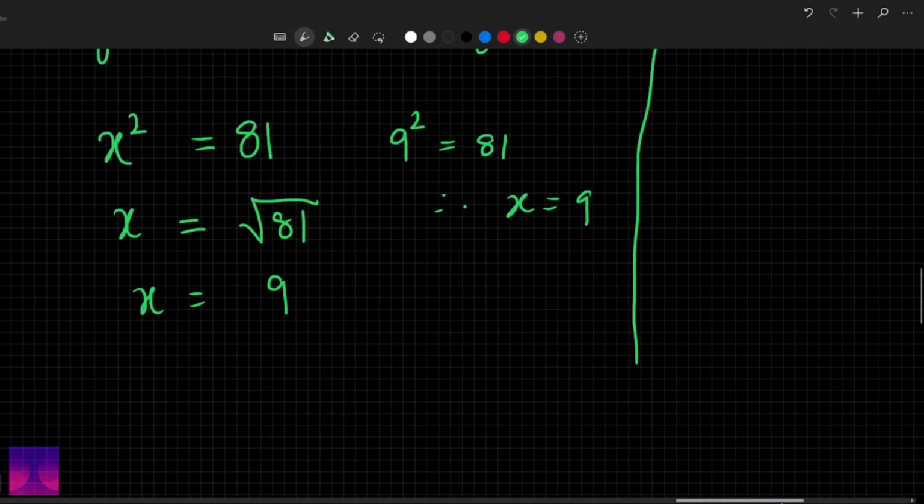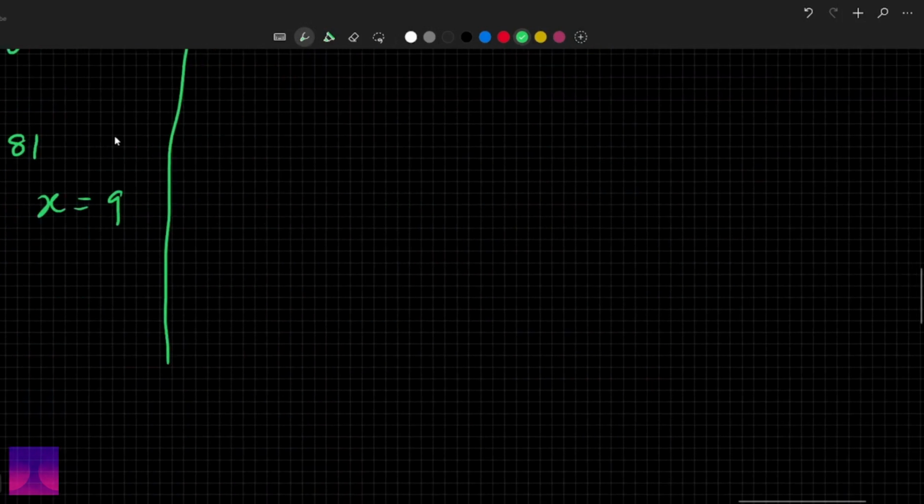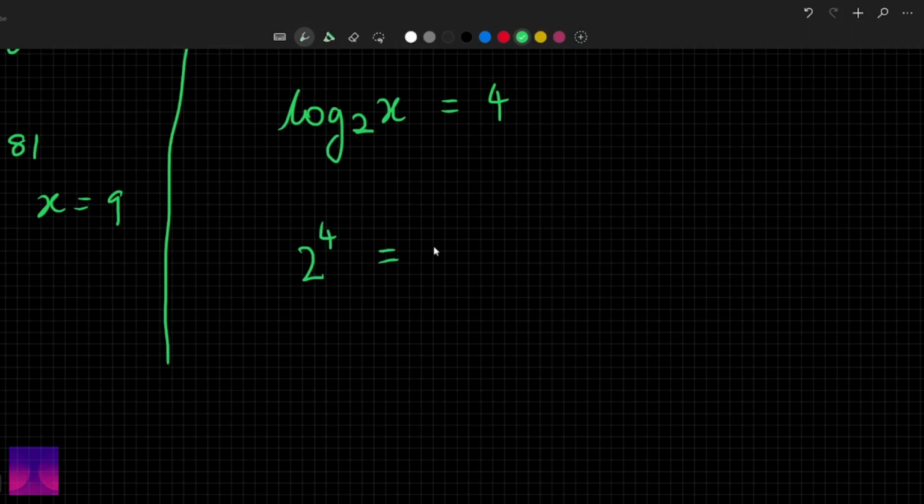Let's take this: log base 2 of x equals 4. This is again a bit different, but it's very easy. Let's write it in the exponential form: 2 to the power 4 equals x.